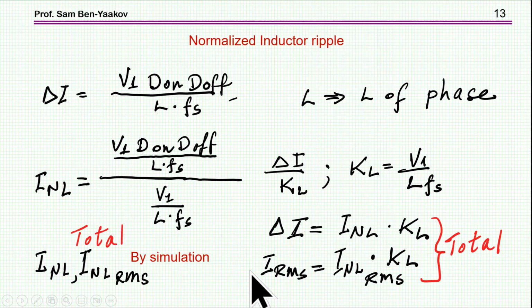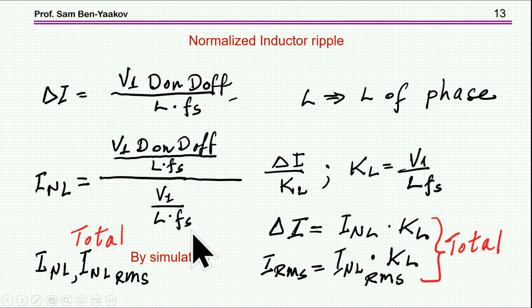Now, I'm looking at this equation, and I see that in order to normalize it, I have to take out all the numbers for the specific case, which is the voltage, the inductor, and the frequency. So if I divide this by this factor here, V1, L, and switching frequency, I'll get a normalized value.